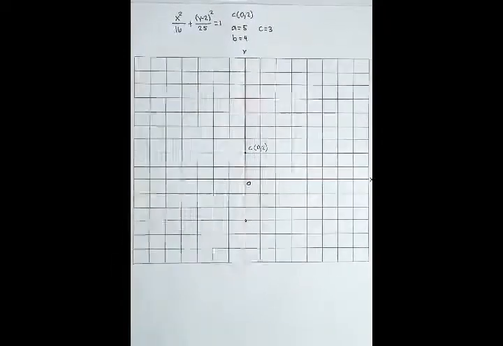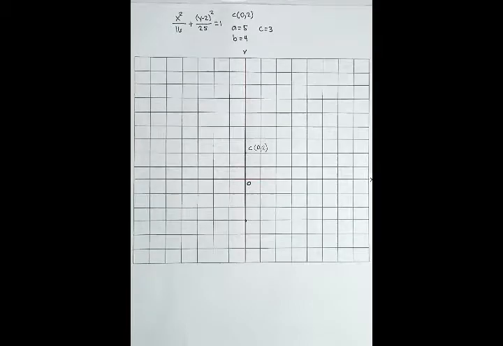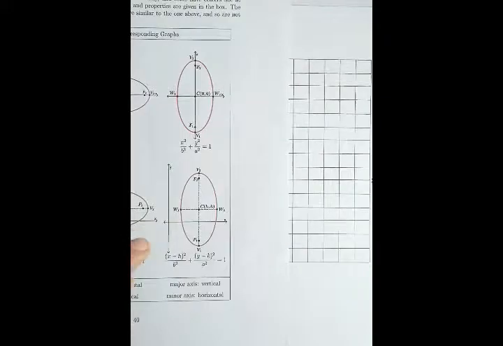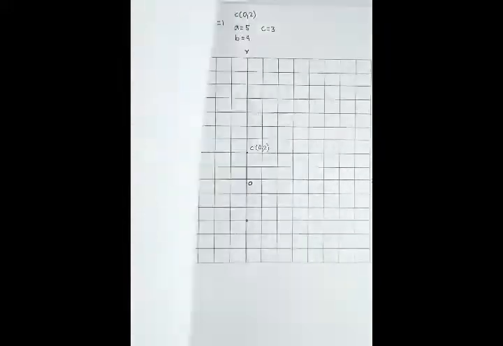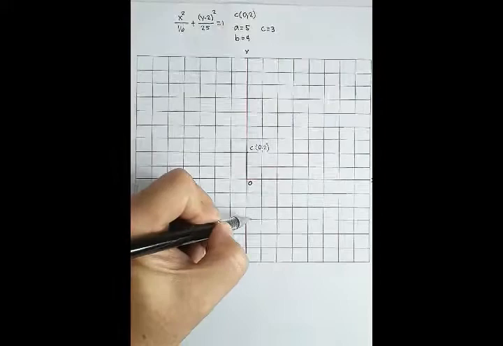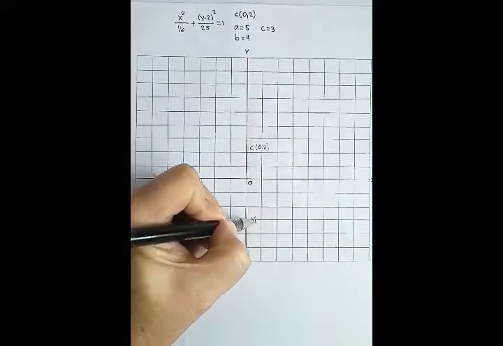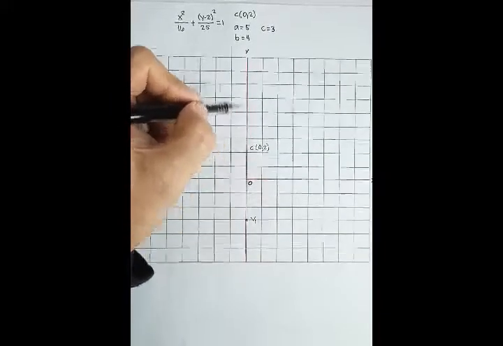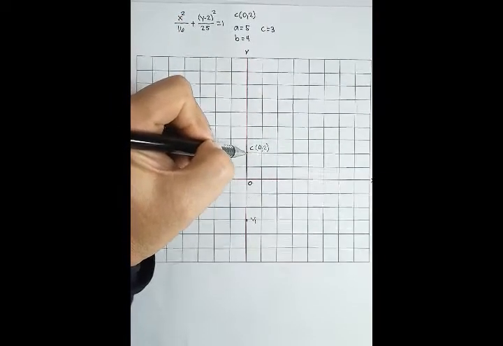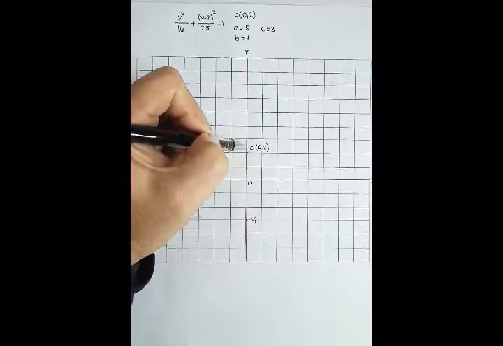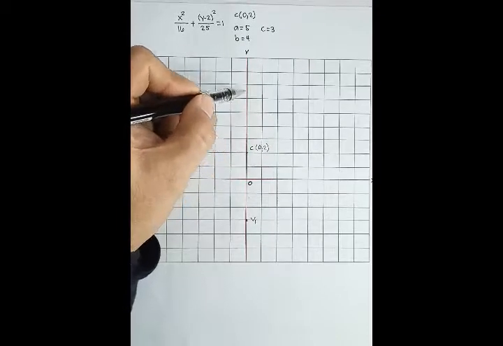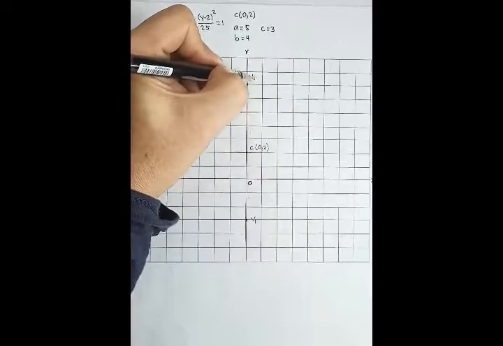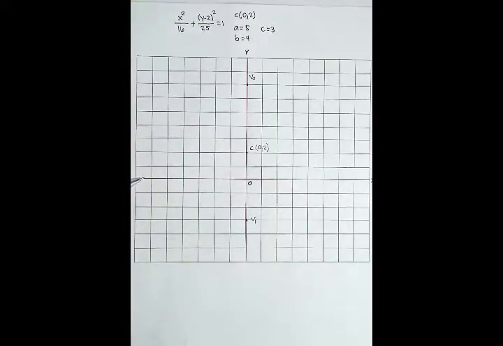According to our formula, this will be our V1, vertex 1. Then upward, we count 5 from the center of the ellipse. 1, 2, 3, 4, 5. This is our V2.